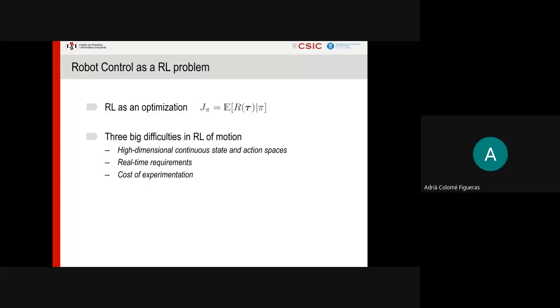Again, there are real-time requirements, because we need to perform the actions in real time, and there is a cost for experimentation. Real robot executions, real-world executions, are costly. Moving a robot is costly, not only in terms of robots that are very expensive, but also because it is time-consuming. And so we have to limit the amount of real robot experimentation that we make to a feasible value.